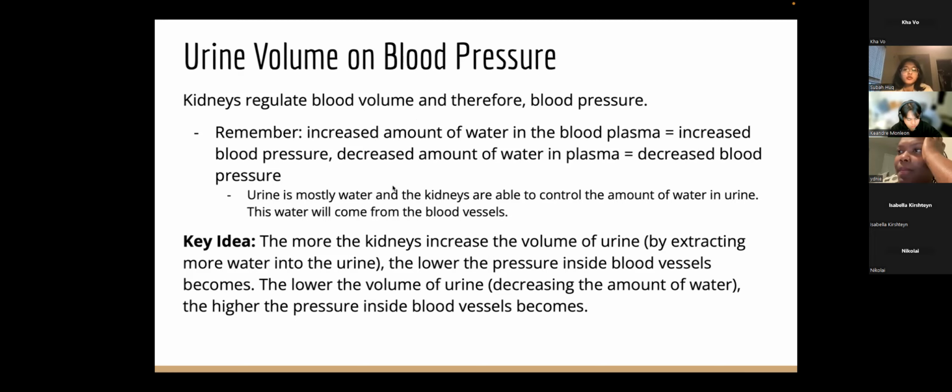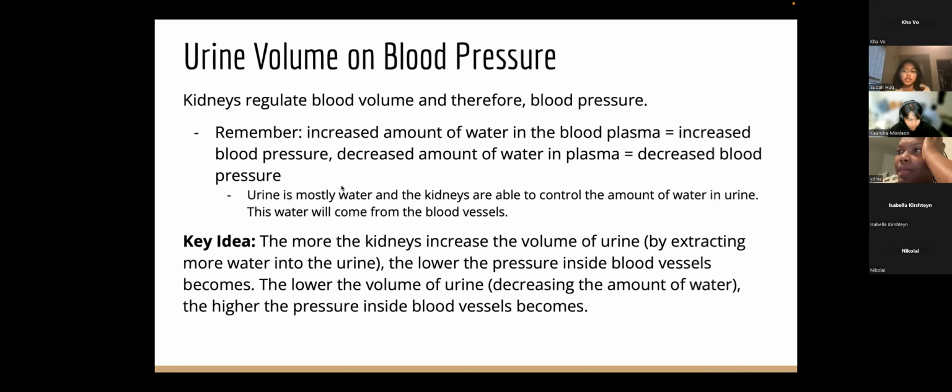If you have a lot of water, that's more pressure on the sides of the blood vessels. So having more plasma means you have a higher blood pressure, and if you have a decreased amount of water in the plasma, then you have a decreased blood pressure. And once again, this is because urine is mostly water.